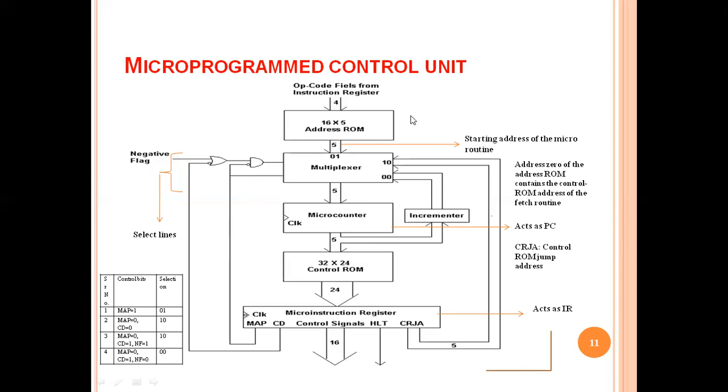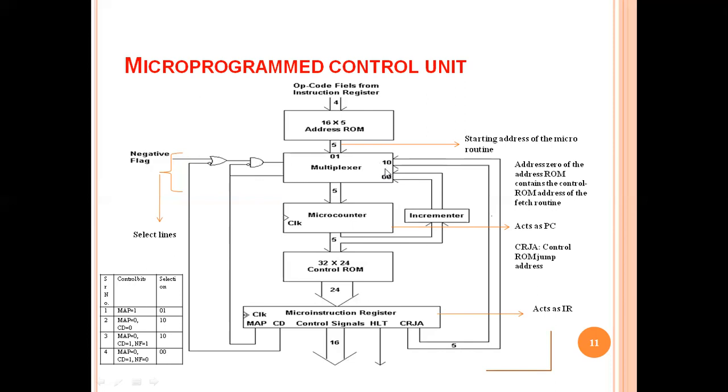Clear? So these are the 3 types of address the processor has to go to after the fetching of the instruction, or after the completion of each micro instruction. So these 3 conditions, that means 3 inputs.